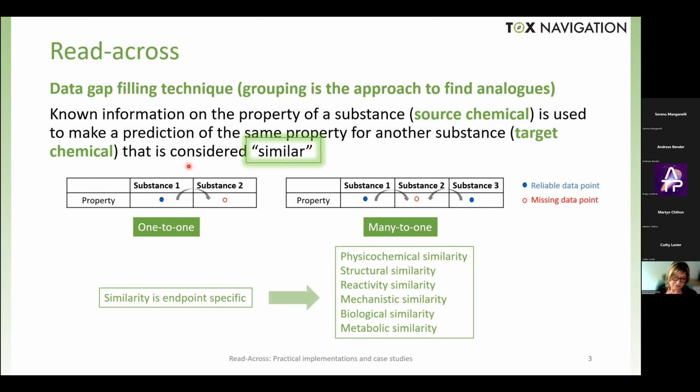I also add something related to biological similarity, which we saw today when Jennifer showed us how she is using biological descriptors together with structural descriptors, trying to build better models. So biological similarity uses this type of information to assess similarity.